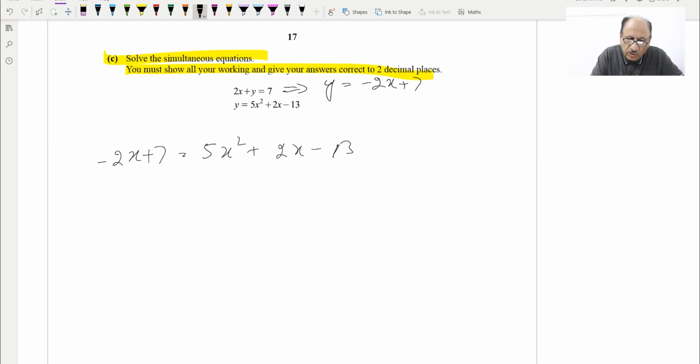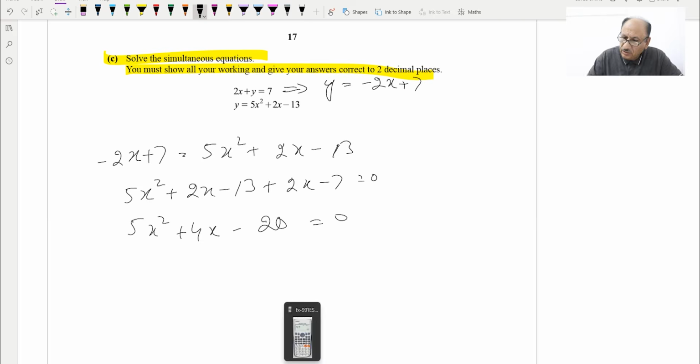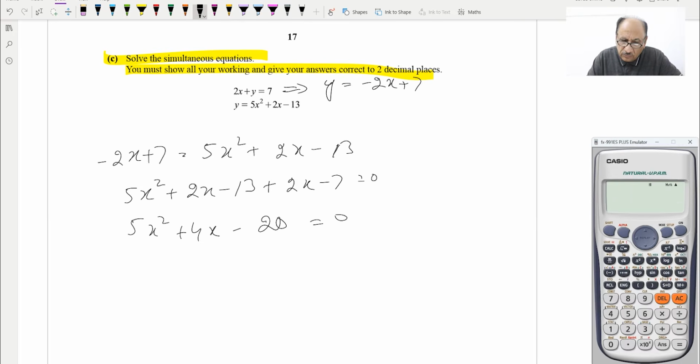So we have equalized both the equations, and now I will be shifting everything to the other side, and this will be giving us 5x square plus 2x minus 13 and plus 2x minus 7 is equal to 0. So we'll be forming the quadratic equation, and this will be 5x square plus 4x minus 20 is equal to 0.